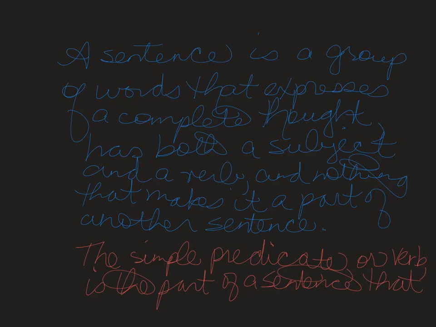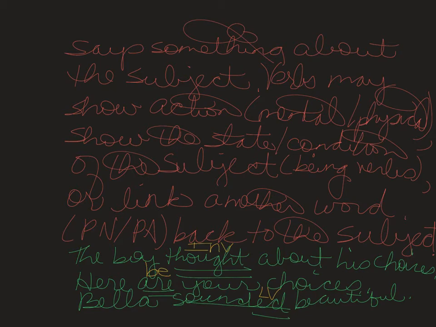All right. The simple predicate, or we usually call it verb, is the part of a sentence that says something about the subject. Verbs may show action, be that mental or physical action.